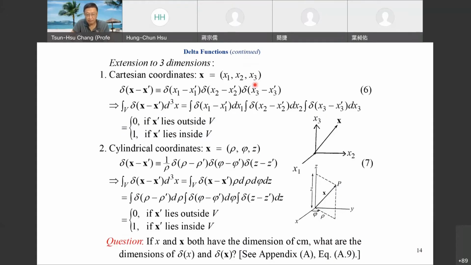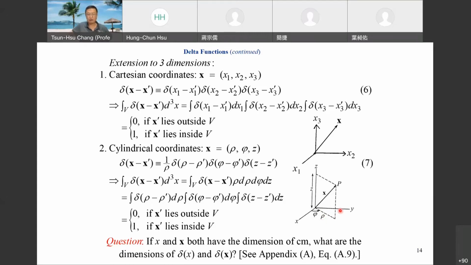And Dirac delta function can be expressed in Cartesian coordinates x, y, z or x1, x2, x3, or cylindrical coordinates rho, phi, z. This is also pronounced as rho, phi. So we have 3 notations for phi. And rho is from here to here. But sometimes this rho will be confused with charge density.